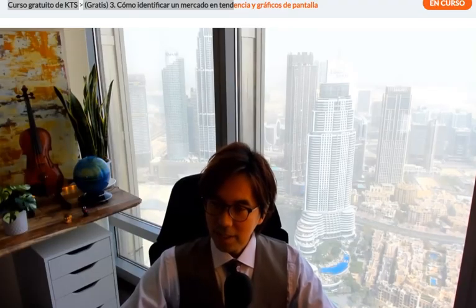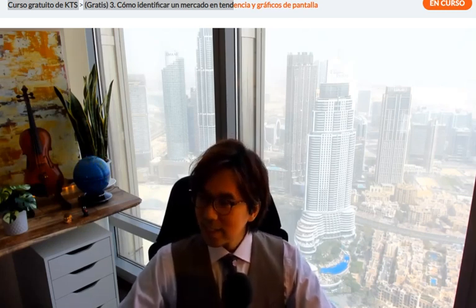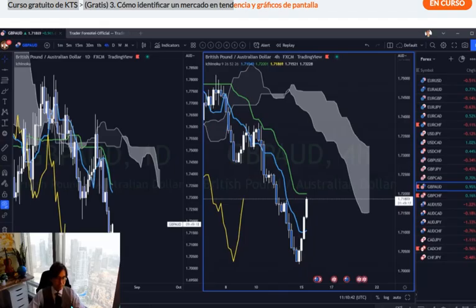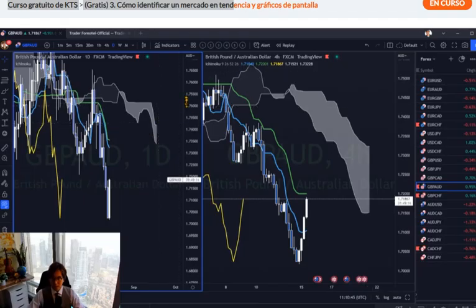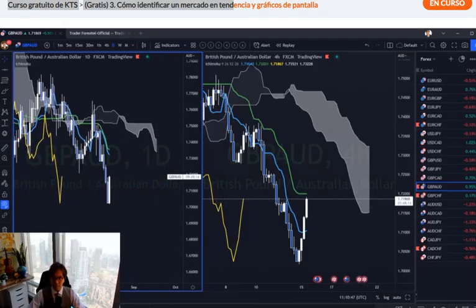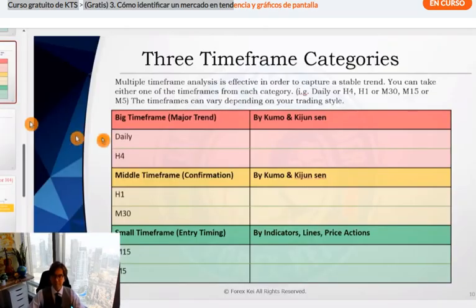I simplified the way I screen charts with Ichimoku lines, and it saves a lot of time and effort for myself. So this is basically how I screen charts based on the higher time frames.